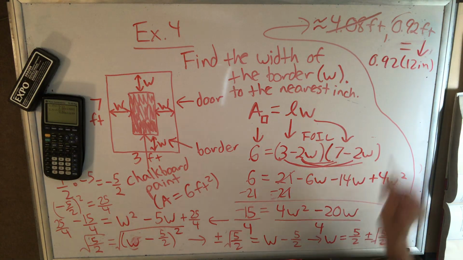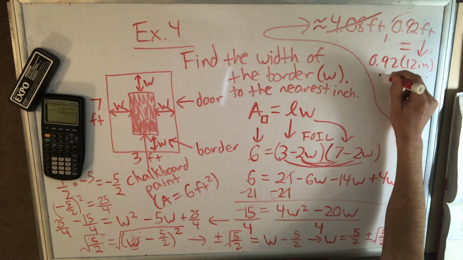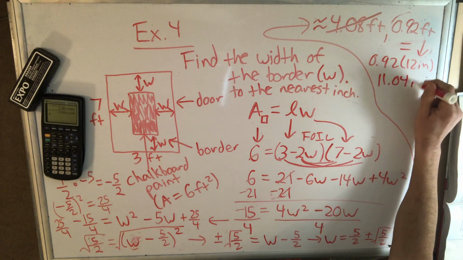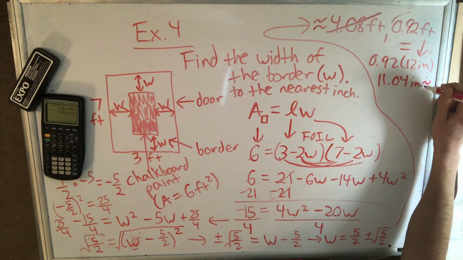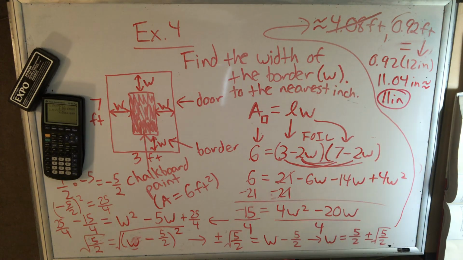Since a foot is 12 inches, 0.92 times 12, if you work that out, that's 11.04 inches. Rounded to the nearest inch, it's 11 inches. So the width of the border around the chalkboard paint needs to be about 11 inches.